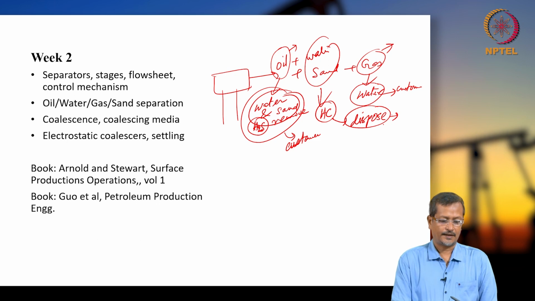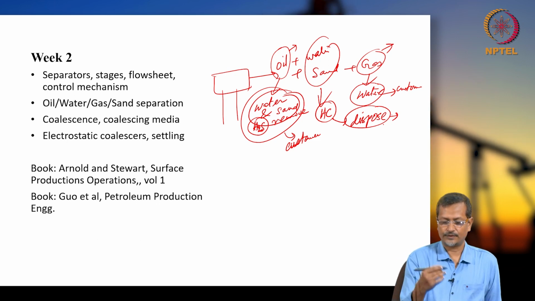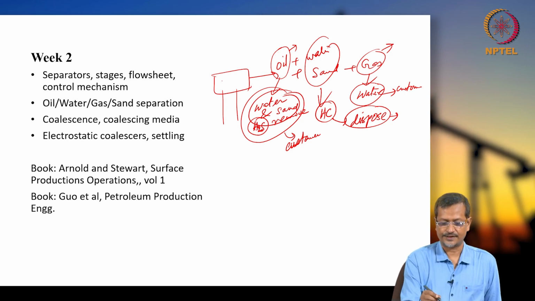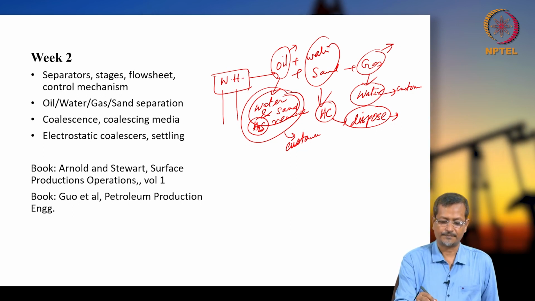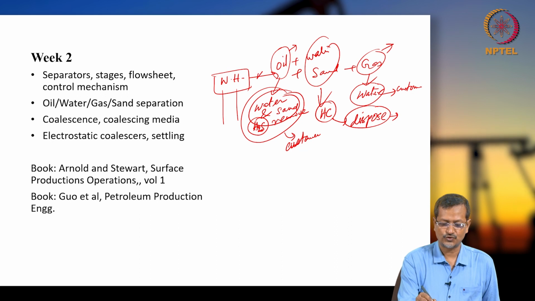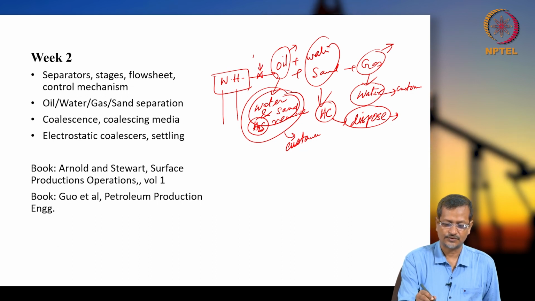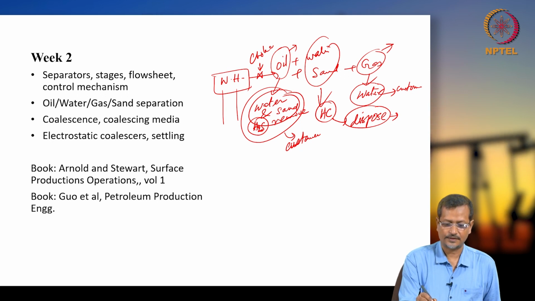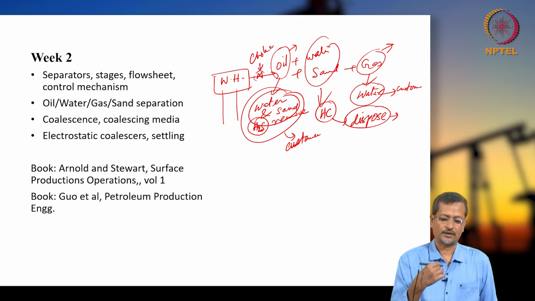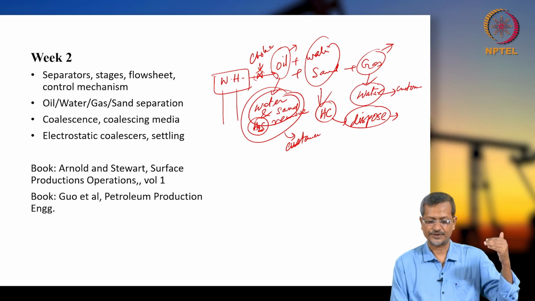Now whenever you are getting oil and gas on the surface, let's say this is the wellhead. From the wellhead you are passing this fluid to a choke. Choke is one valve. When it is passing through the choke, pressure is changing.